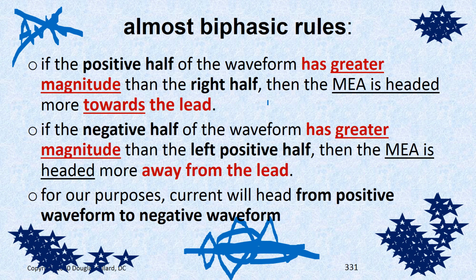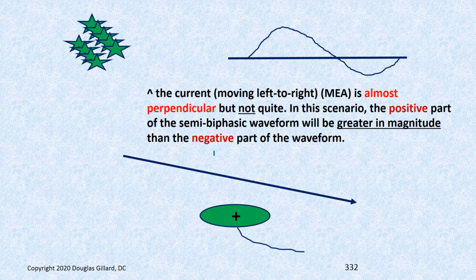The negative is just the opposite. If the negative half of the wave has a greater magnitude than the positive, the first positive part, I said left part because that'll be more on the waveform to the left, then the mean electrical axis is heading more away from the lead. That probably doesn't make much sense to you yet, so let's explain this further.